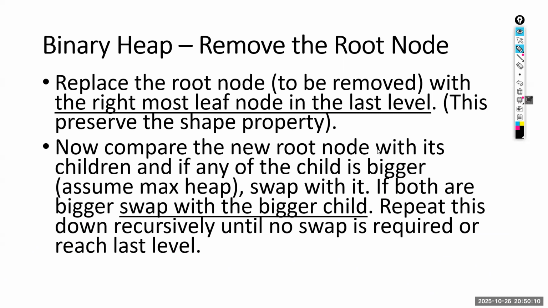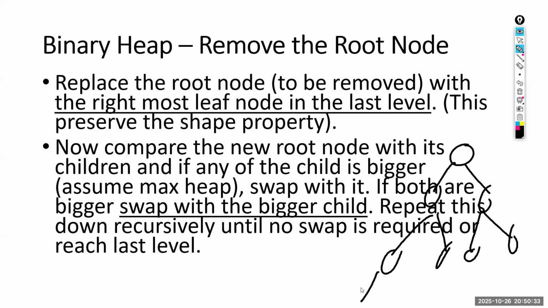Then you need to preserve the heap property. So why do you take the last level rightmost value? Can anyone give me an answer? When you want to delete your root, we are going to take it out and replace it with this value.